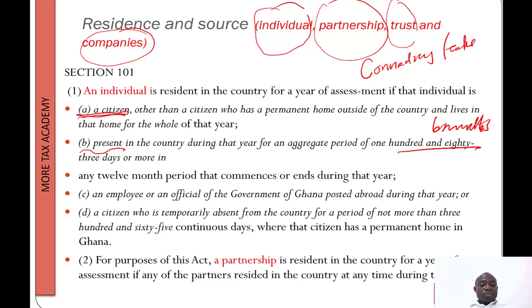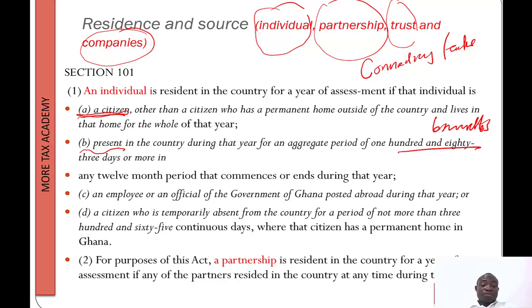Now, C also introduced another interesting concept. It says that an employee or an official of the government of Ghana posted abroad during that year. Yes, official of government of Ghana. As for them, they are automatically residents. They are working outside Ghana, the embassies and all those. We pay them with Ghana money, so they must pay the taxes in Ghana.